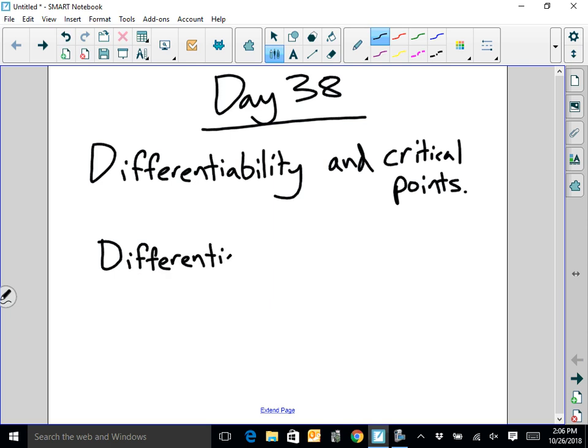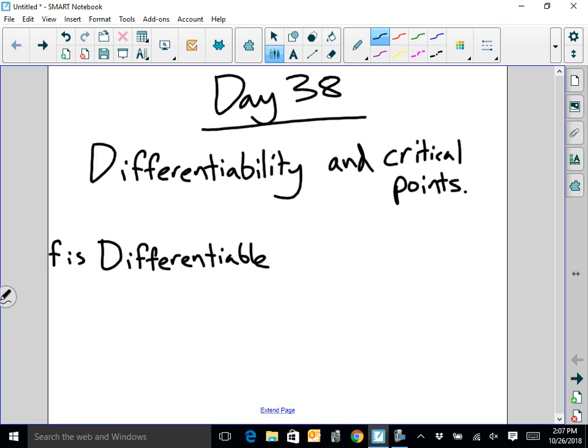So when we talk about a function being differentiable, let's say f is differentiable. When we look at that word differentiable, we see differentiate, which we should be thinking about derivatives, right?